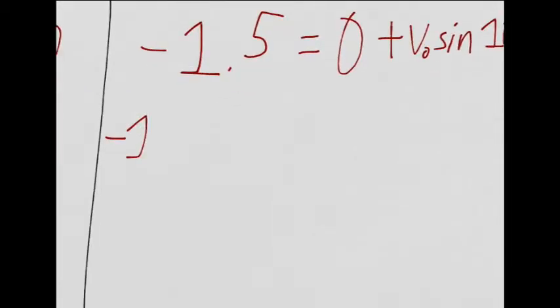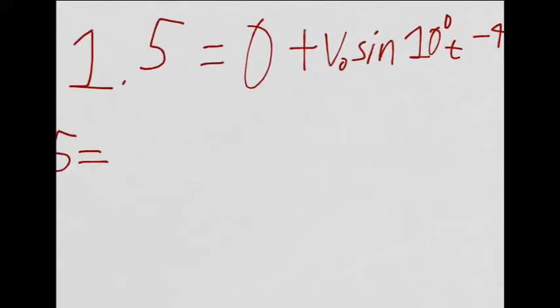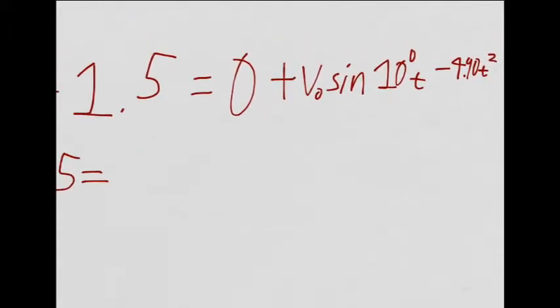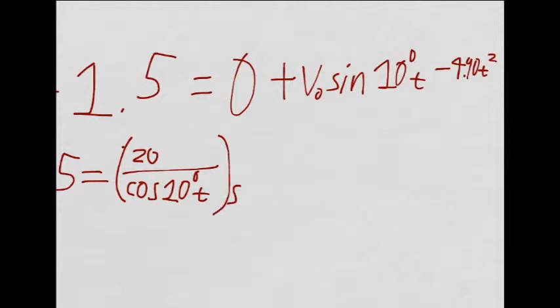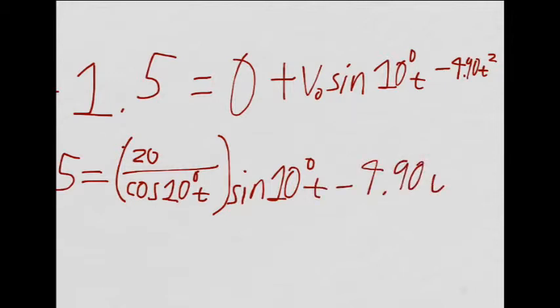Negative 1.5 equals, V initial is going to be 20 over cosine of 10 degrees t, times sine of 10 degrees t, minus 4.90 t squared.